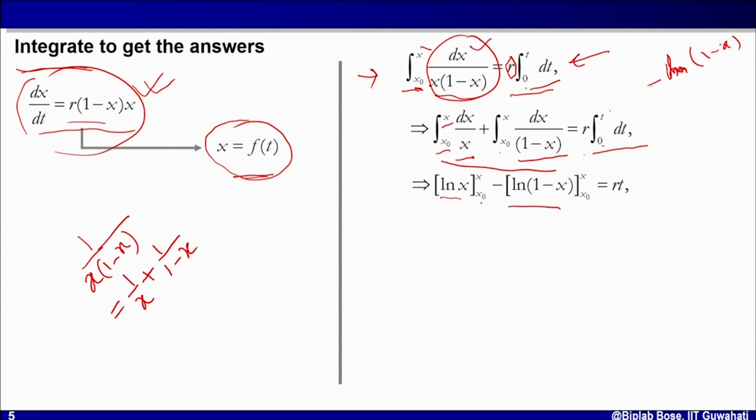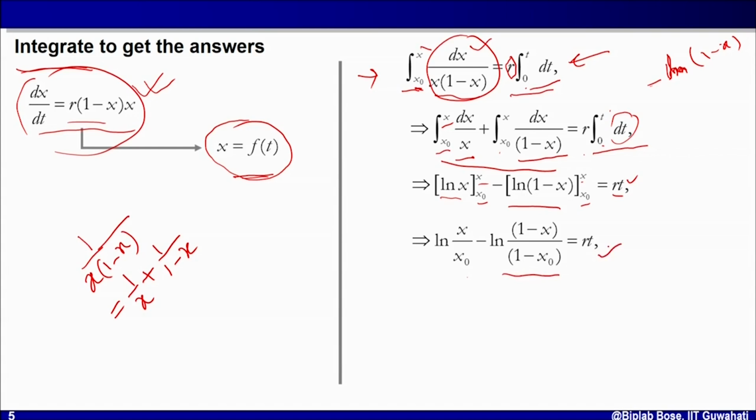Both of them we have to integrate from x naught to x, and integrating dt I get time t, so it is rt. If we move further, we can rearrange this and we get ln x by x naught minus ln 1 minus x by 1 minus x naught is equal to rt.